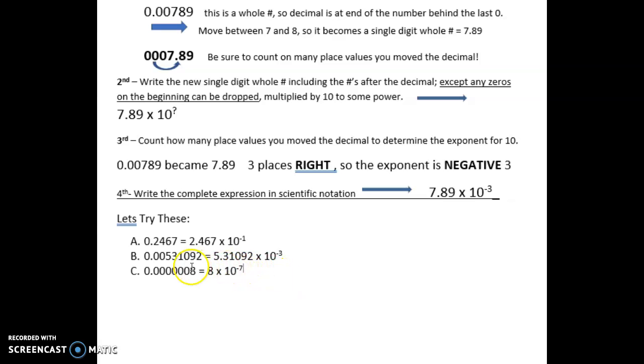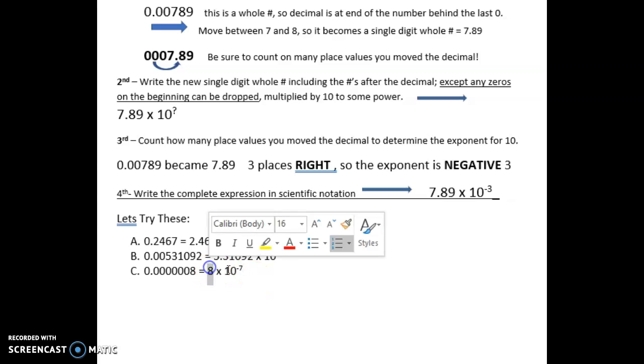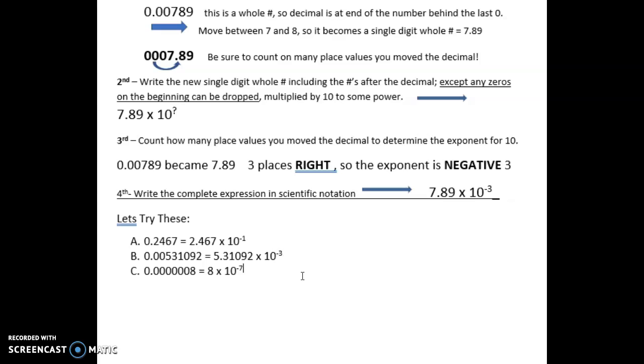Negative 7 tells me it once was a very small number, but written in scientific notation, we have that single digit between 1 and 9. 8 times 10 to the power of negative 7.